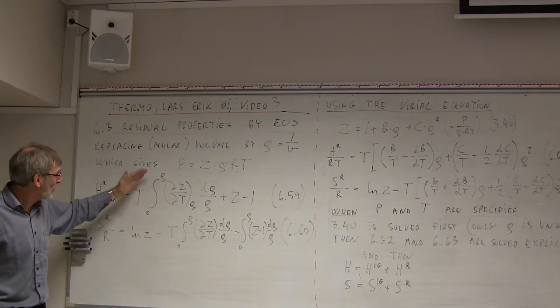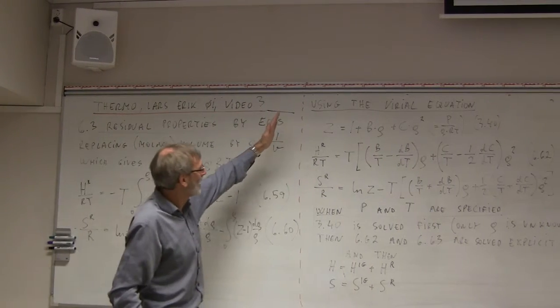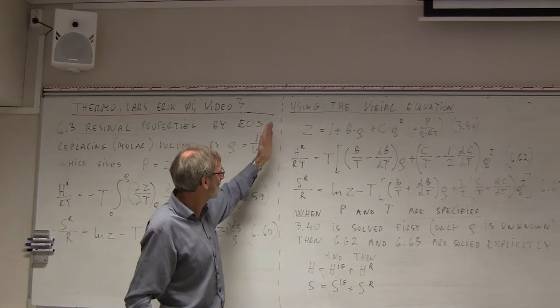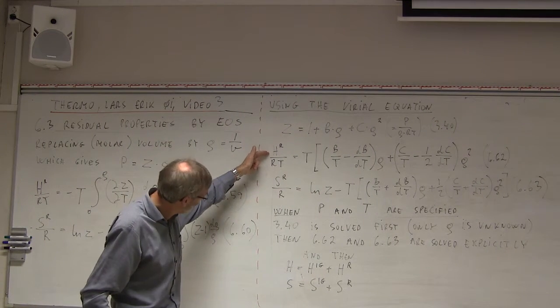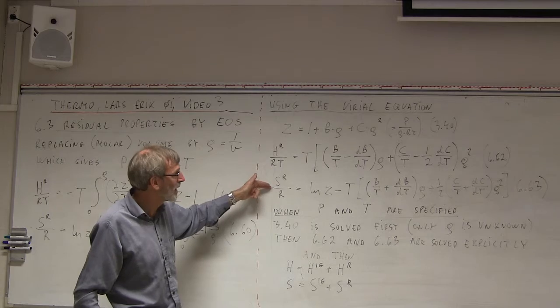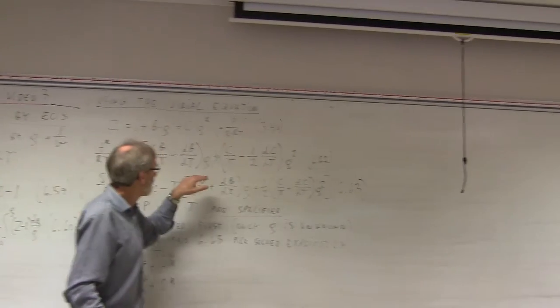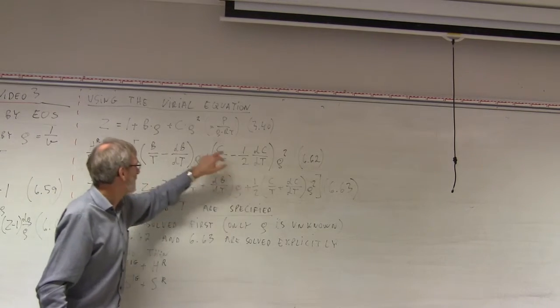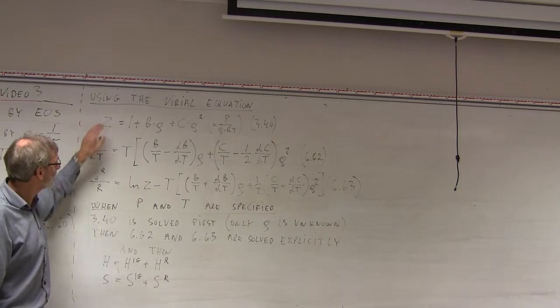In the case of the virial equation, we can avoid these integrals and make explicit equations for calculating the residual enthalpy and the residual entropy when we know the rho and the parameters in the virial equation.